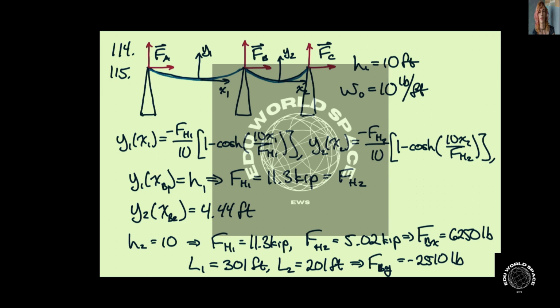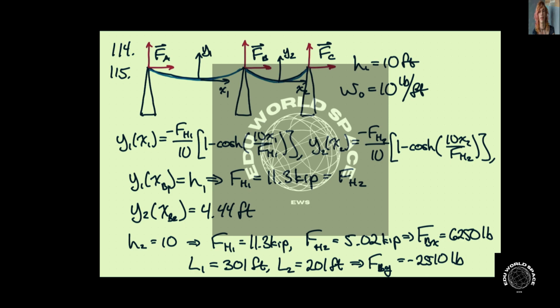So what we can do is simply put this value. We want this value to be the same as this, so we put it into here, and that will allow us, if we plug in this distance here, which is 100 feet, to find that the sag is 4.44 feet.